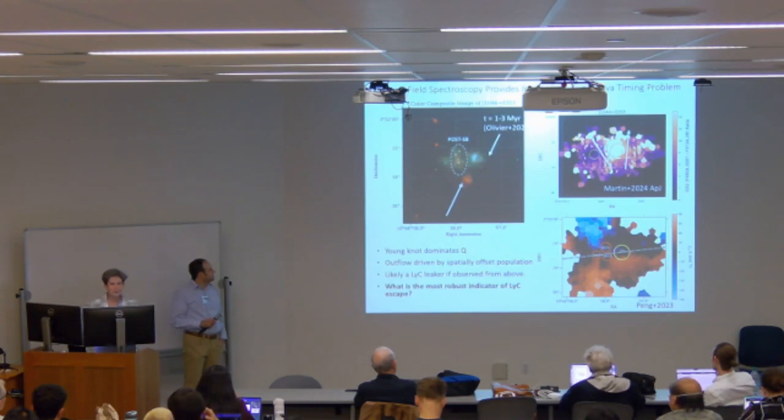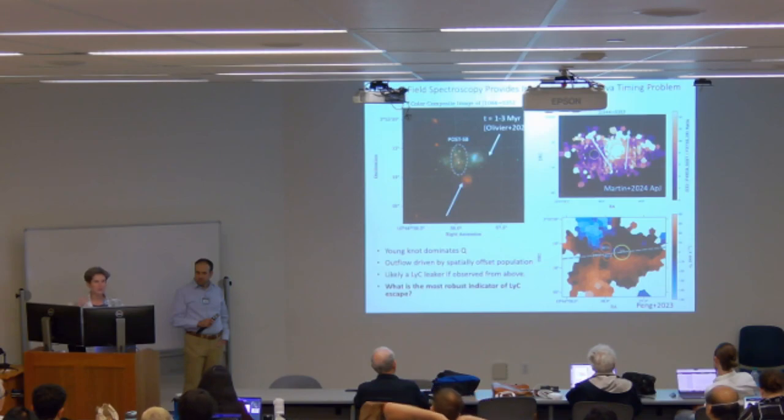But you only directly see Lyman continuum if that hole is pointed right at you. And might mapping nebulae, where you can see the ionization structure, actually be a better way to measure Lyman continuum? When you think of the nebula as a calorimeter kind of around the galaxy, that can give you more of a view of what's going out in any direction.